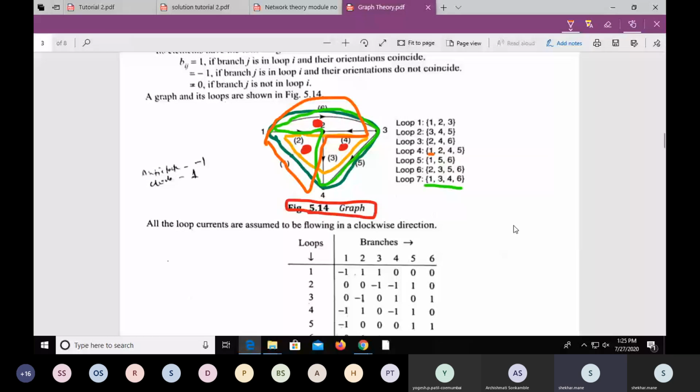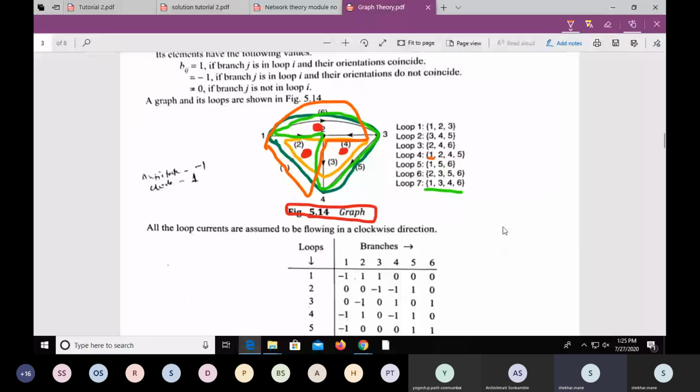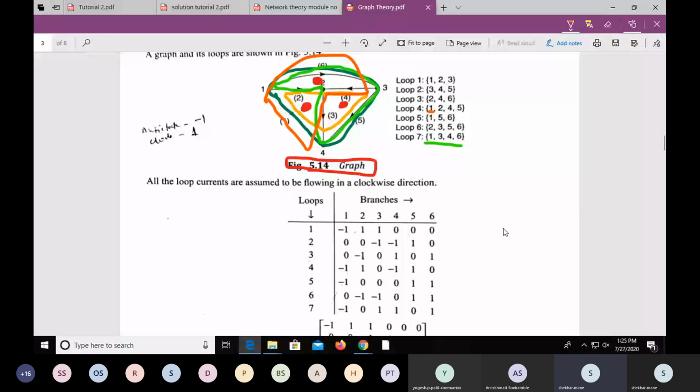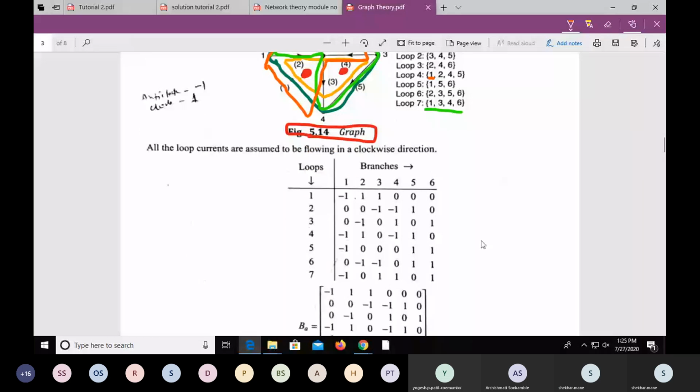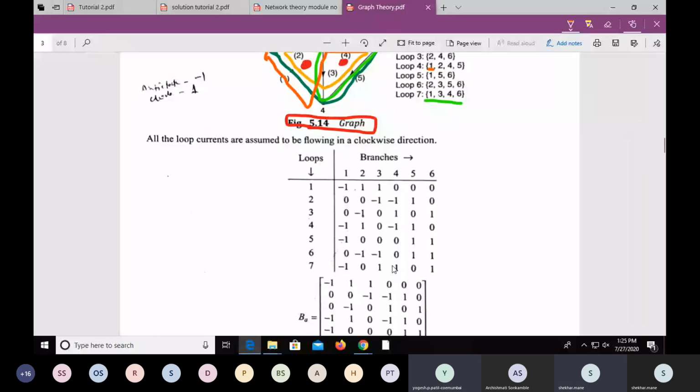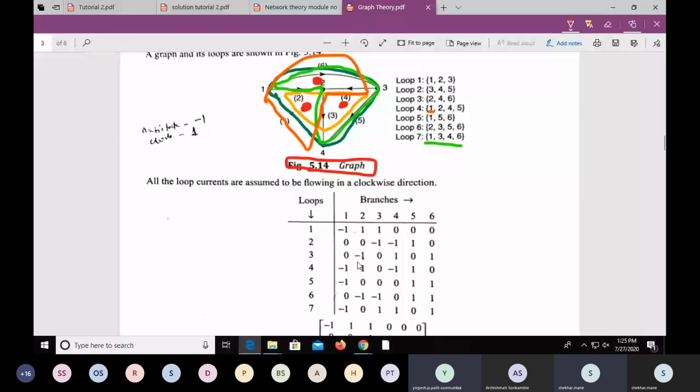We will discuss this in the next lecture. We will see how to write this loop matrix in the next lecture.